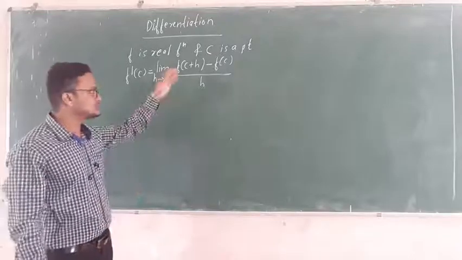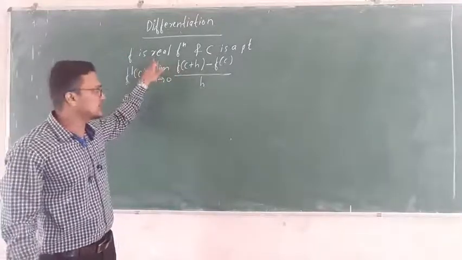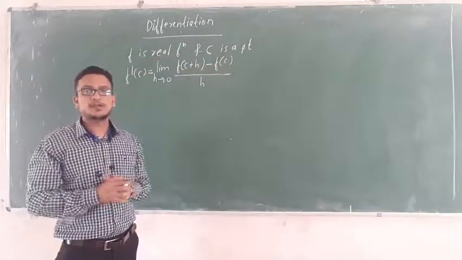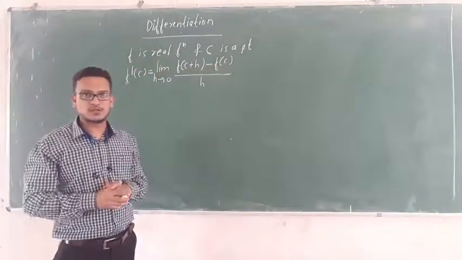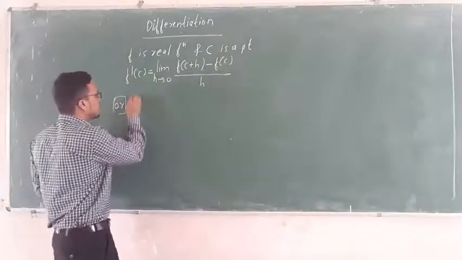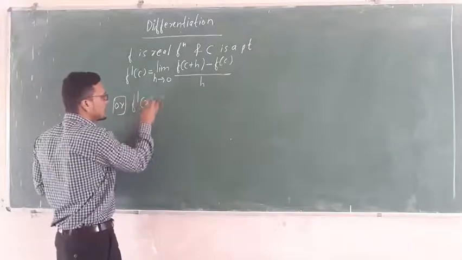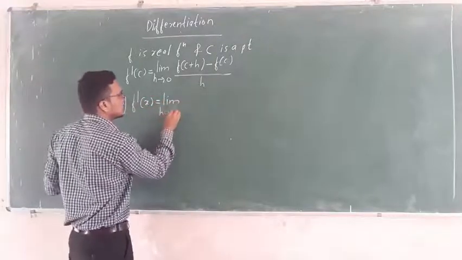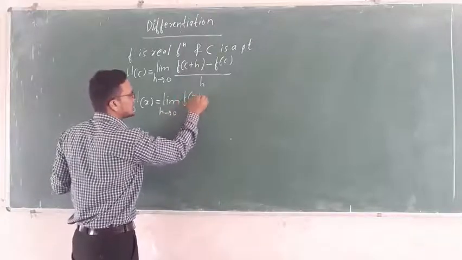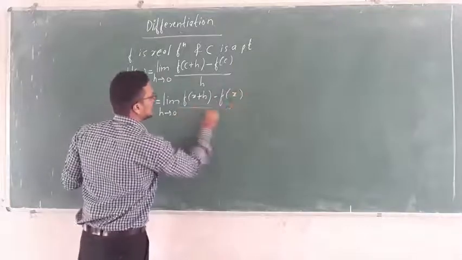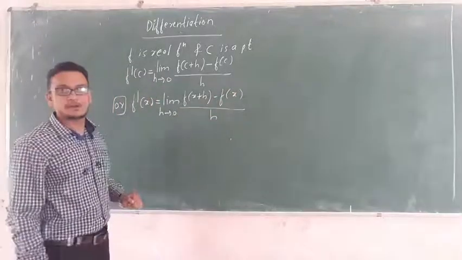So when we use this formula, when one function is given and one point is given, at a particular point we find out the derivative of that function. Or suppose I write the same formula in the other way, that is f dash of x is equal to limit h tends to 0 of f of x plus h minus f of x divided by h.